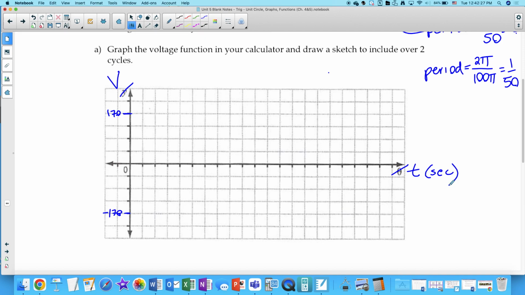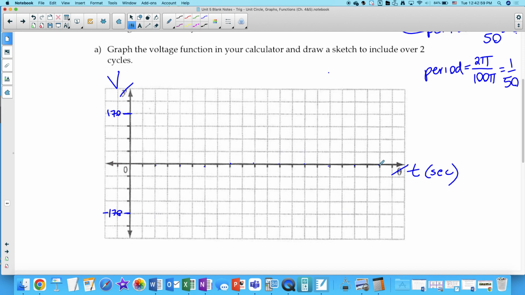Okay? All right, so what I'm going to do is, let's see, I've got 2, 4, 6, 8, 10, 12, 14, 16, 18, 20. Okay, I like one period to be divisible into fourths, because I can find those 4 key points and then just sketch the curve. So given I have 22 little squares to work with, I'm going to make the max at 16 squares so that I have 8 and 8.